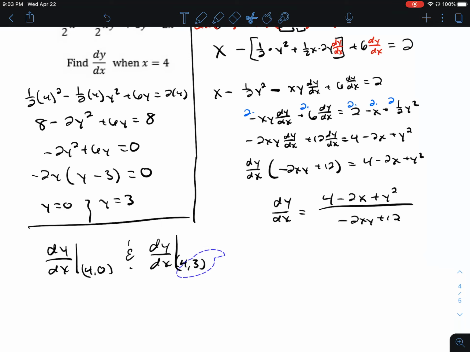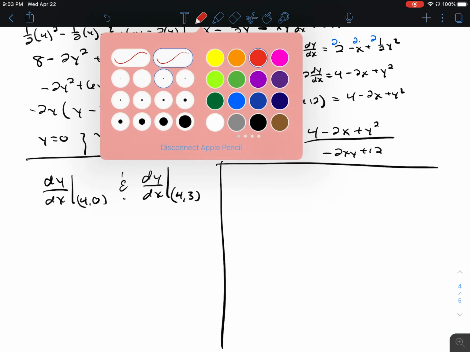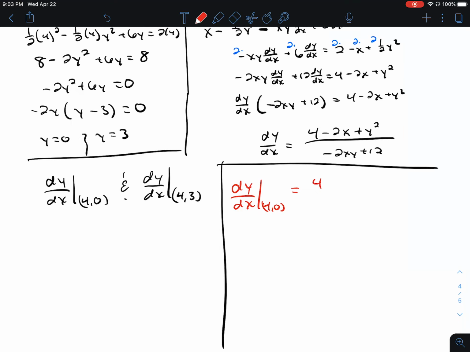Bummer. So let's do that. Let's do each of these. Let's figure out what dy over dx is when x is 4 and y is 0. It's going to be 4 minus 2 times 4 plus 0 squared, over negative 2 times 4 times 0 plus 12.